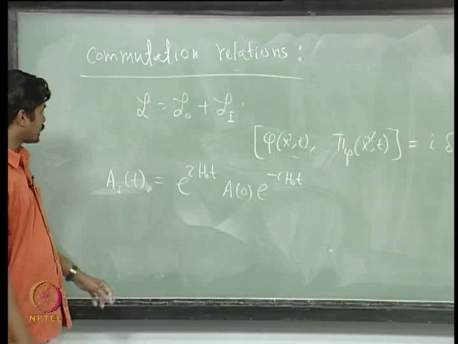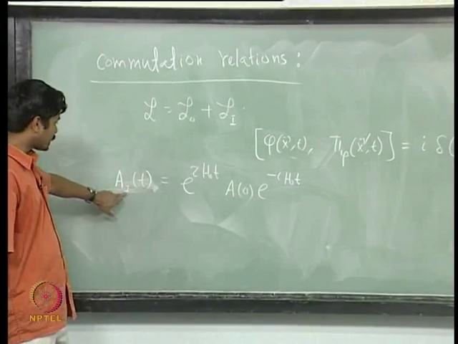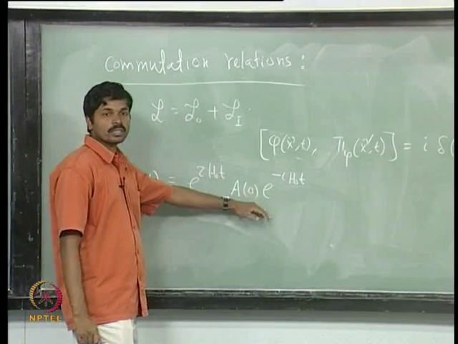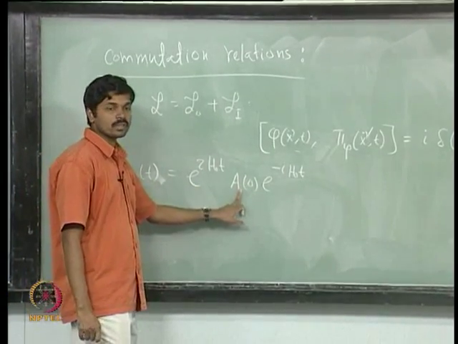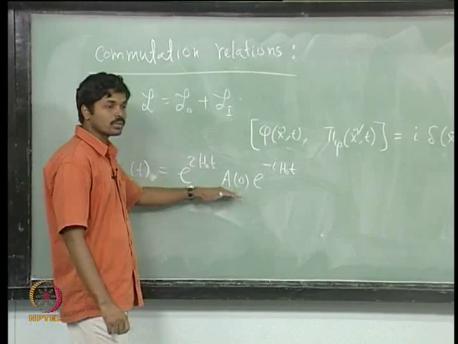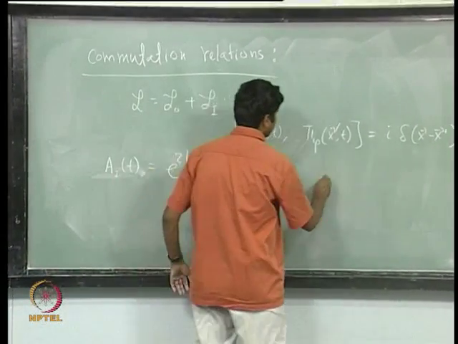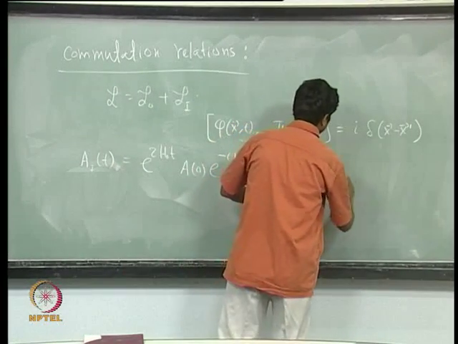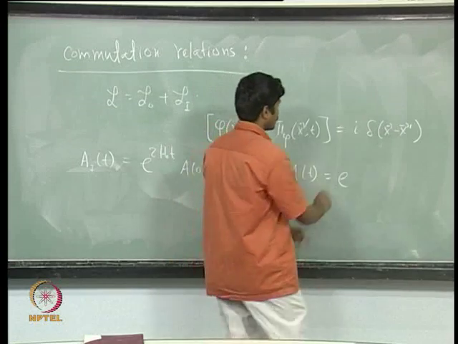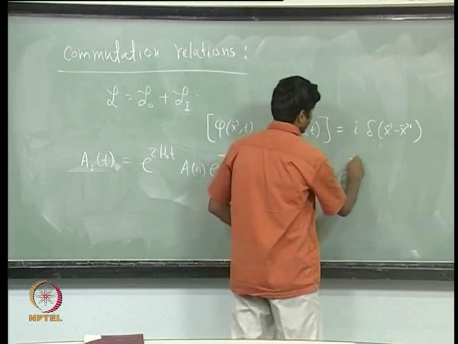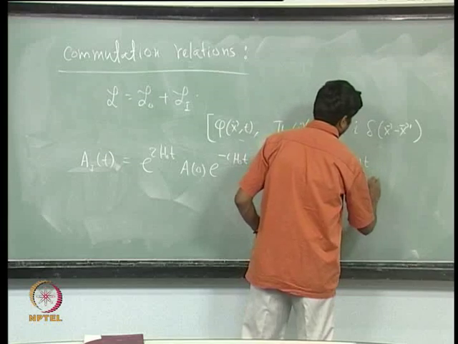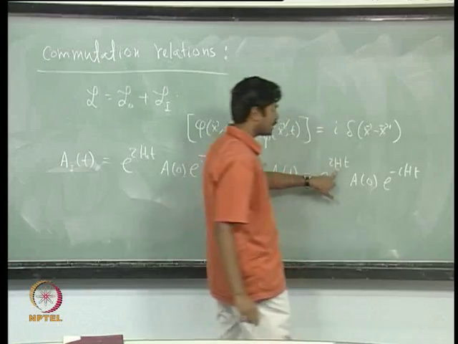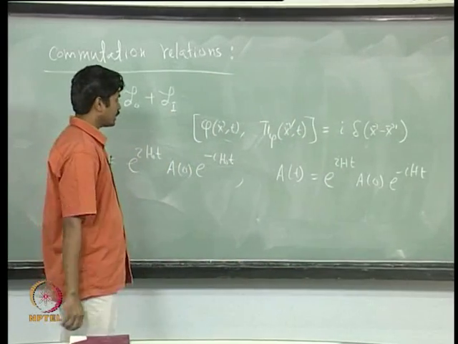What we are interested in is how the operators in the interaction picture are related to the operators in the Heisenberg picture, not the operators in the Schrodinger picture. Of course, it is trivial to determine because we know the operators in the Heisenberg picture are related to the operators in the Schrodinger picture by the relation e to the power i H t A of 0 e to the power minus i H t, where H is the full Hamiltonian, right.